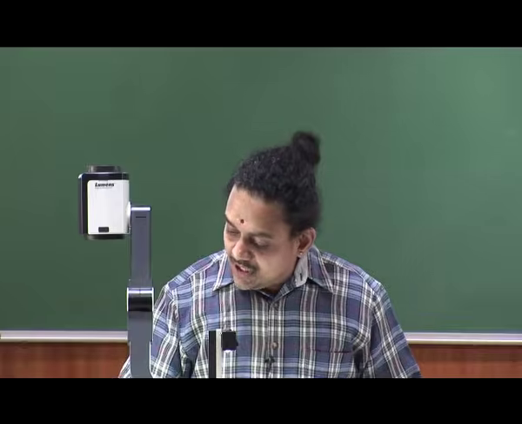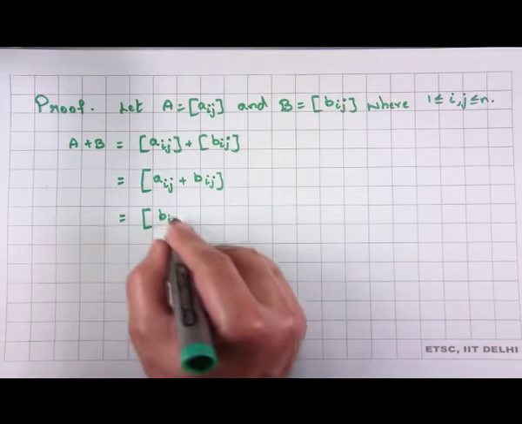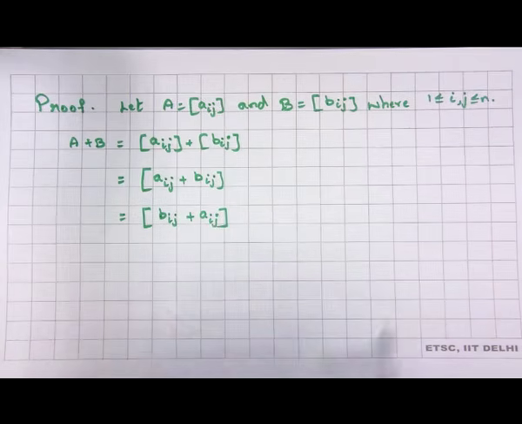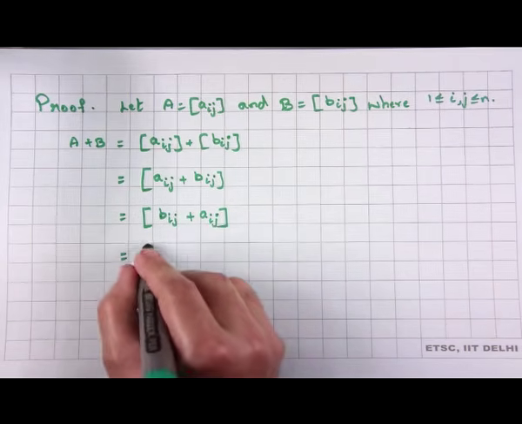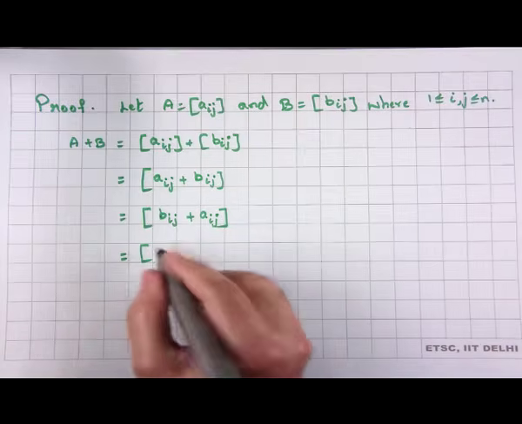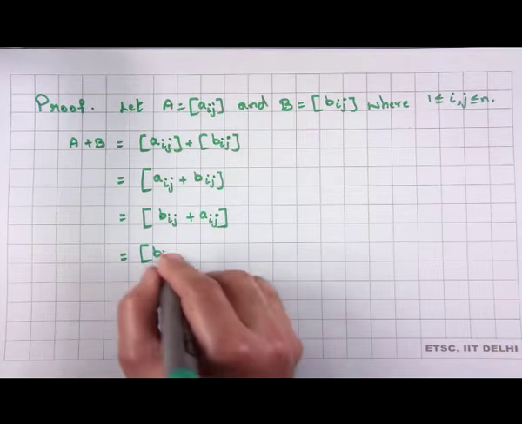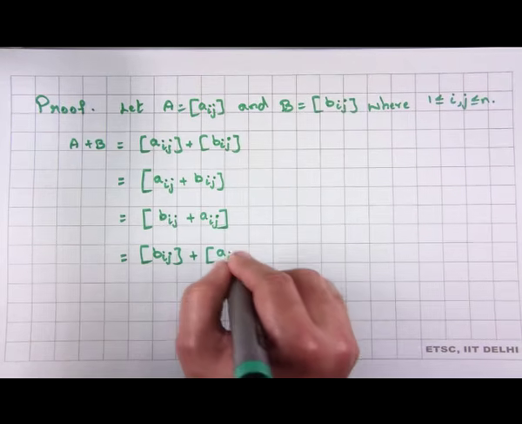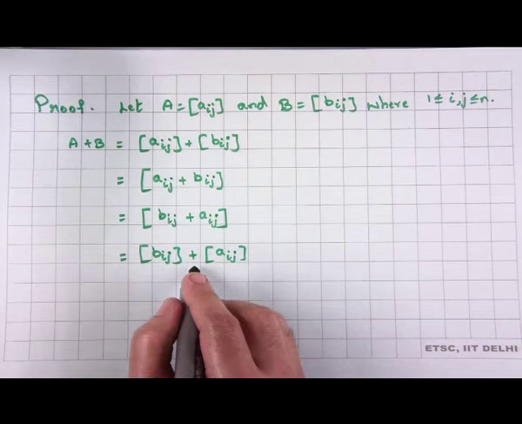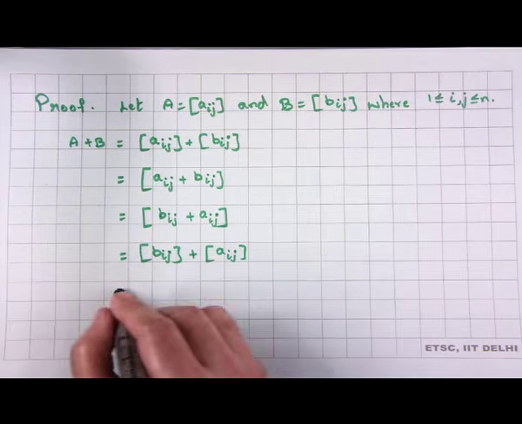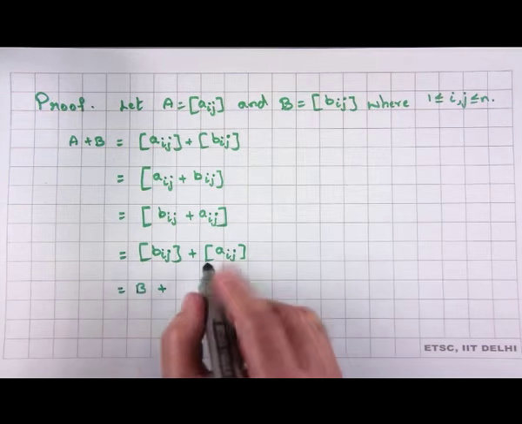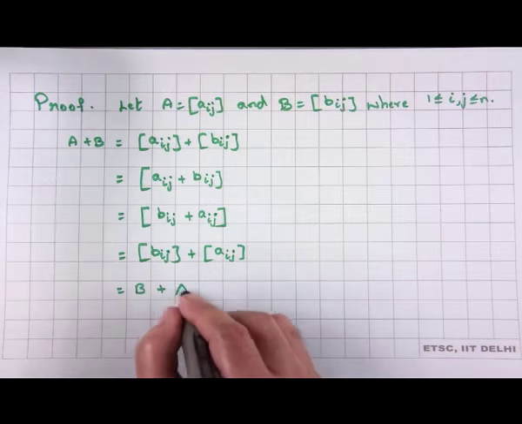Let us use this fact, and therefore a_ij plus b_ij is the same as b_ij plus a_ij, which again by the definition of addition of matrices is the matrix with entries b_ij plus the matrix with entries a_ij. But the matrix with entries b_ij is the matrix B and the matrix with entries a_ij is just A.